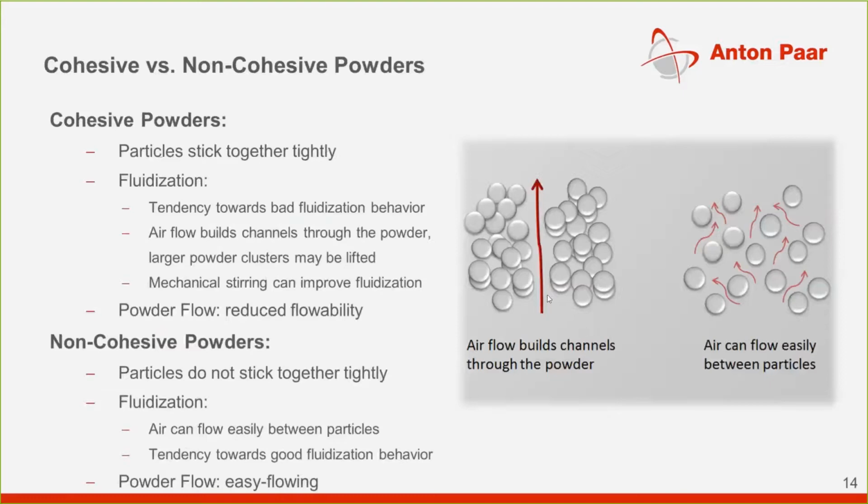As you can see here, there's a channel where the air passes through the powder bed, but stirring them can improve the fluidization. If we look at non-cohesive powders, the particles do not stick together as much when they are fluidized. They separate nicely, and these powders or these granular media are rather easy to fluidize, and are generally also easy flowing or free flowing.